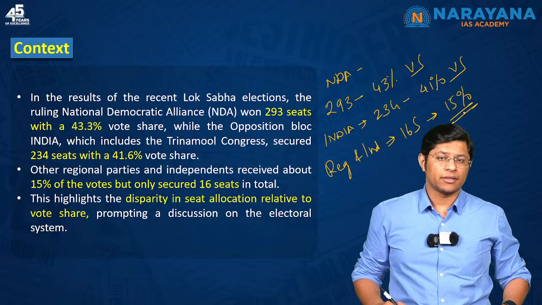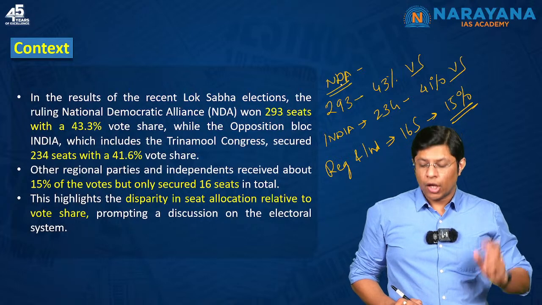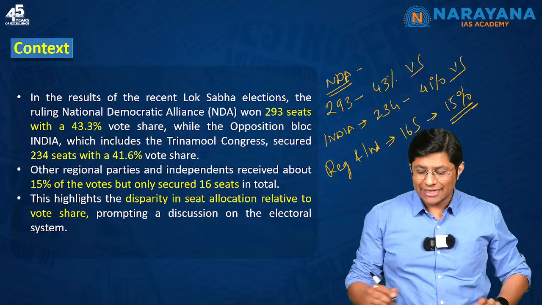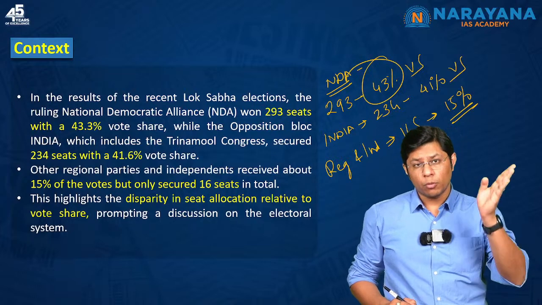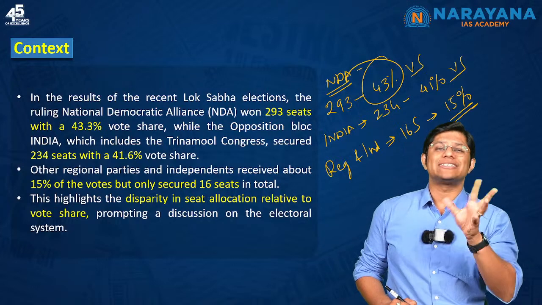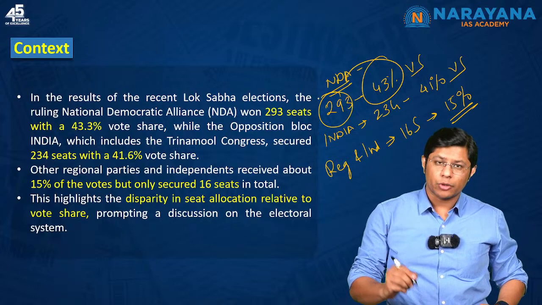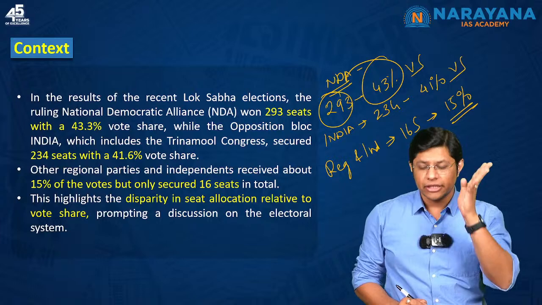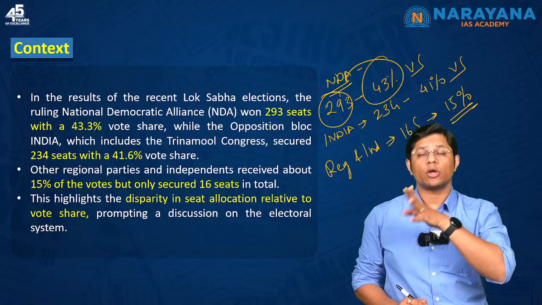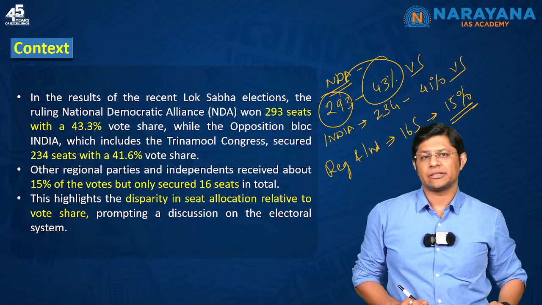What does it mean? It means that the NDA government, whose vote percentage was less than 50%, secured more than 50% of total seats in Lok Sabha, which means the seats are not in proportion to the vote share it got in the elections.